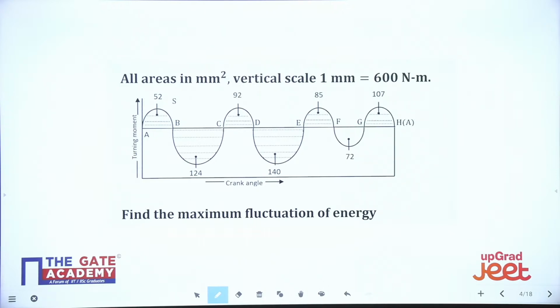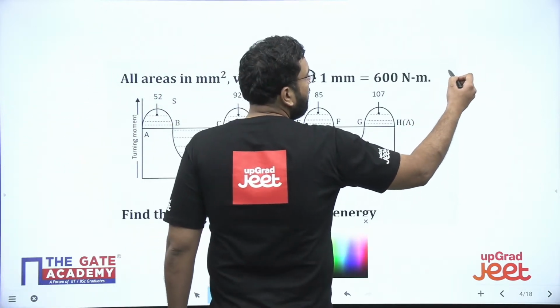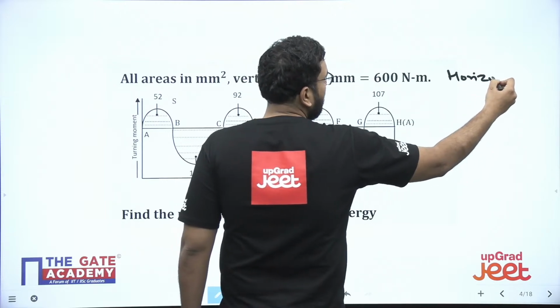So can you please attempt it? I'll give you some more data here, because some data seems to be missing. The vertical scale is given, and the horizontal scale is given: 1 mm is equal to 3 degrees.